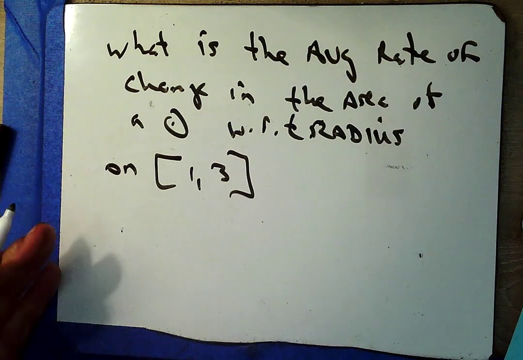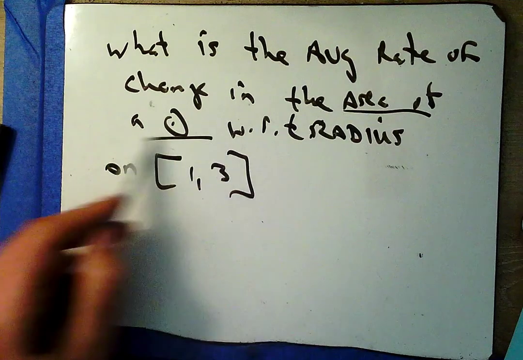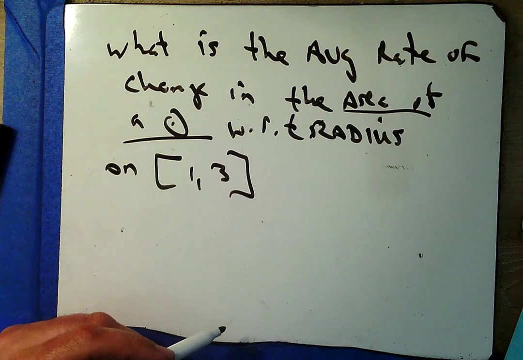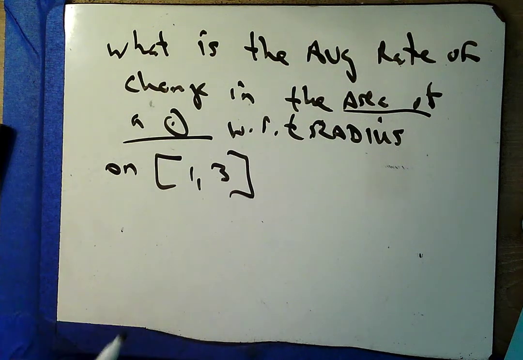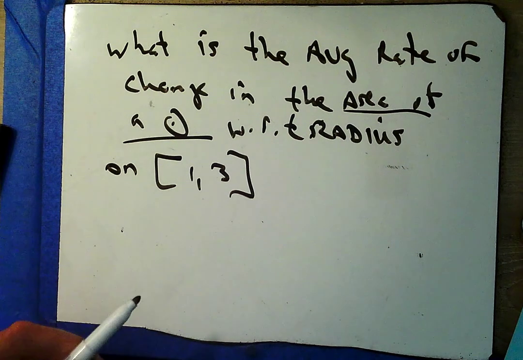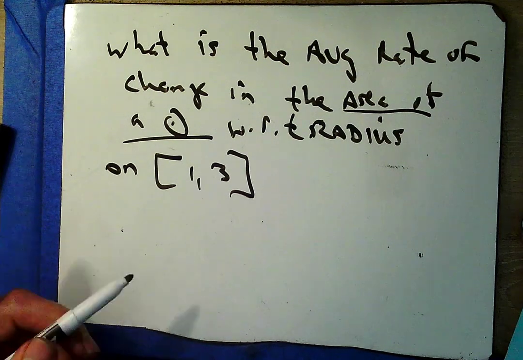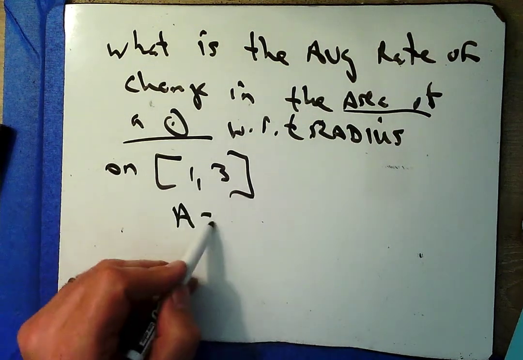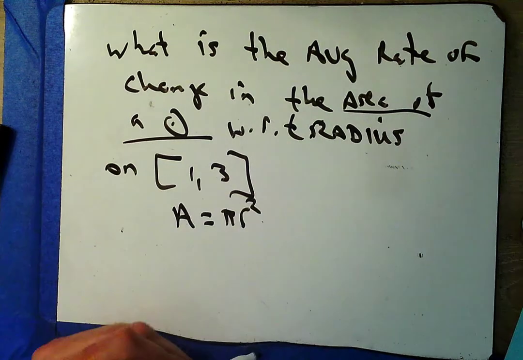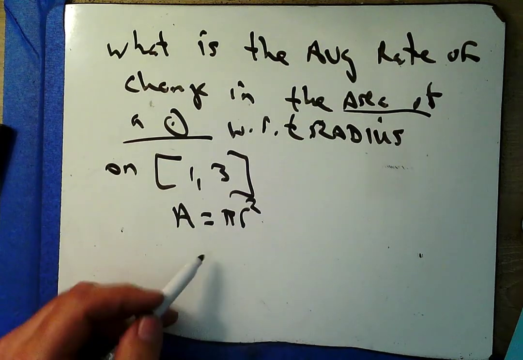Okay, so in this problem, you're expected to be able to bring the equation for the area of a circle. And if you don't know the equation for the area of the circle, open up your notebook to the place where it says formulas I'm supposed to remember because College Board isn't going to remind me. Write down area equals pi r squared.